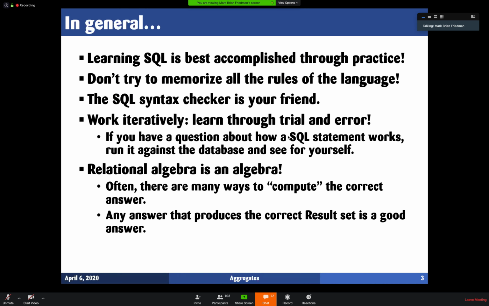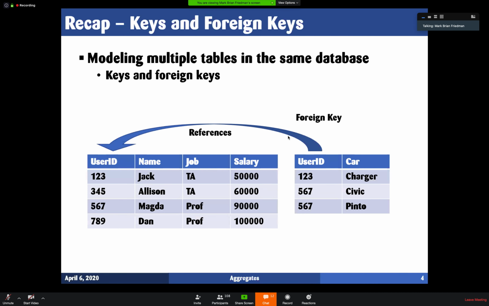So it isn't always possible to understand whether something is going to work or not until you try it. And there are lots of ways to get to the same answer. Okay, I don't want to belabor that, but the fact is, the algebra is an algebra, and that's going to keep coming up.